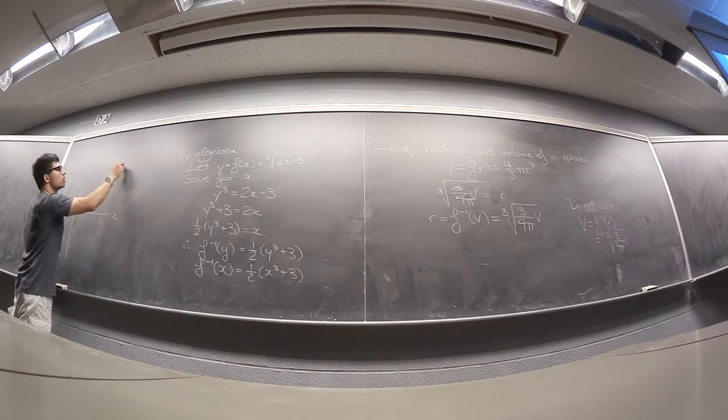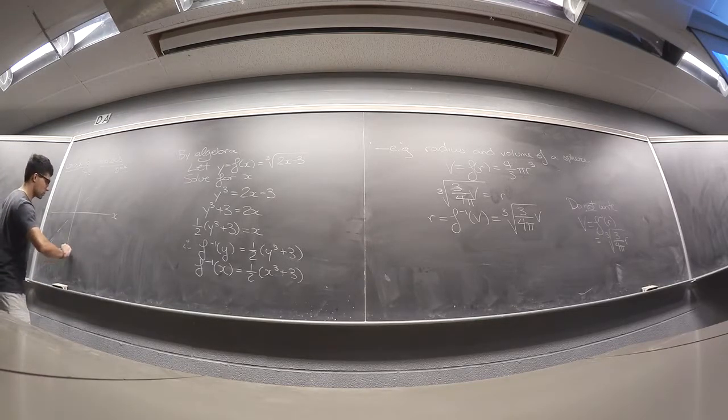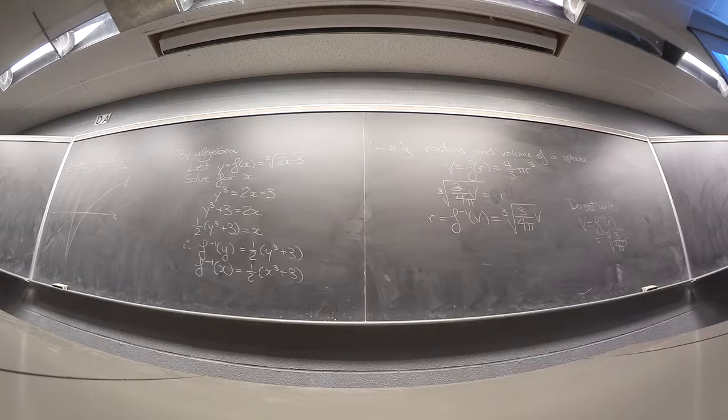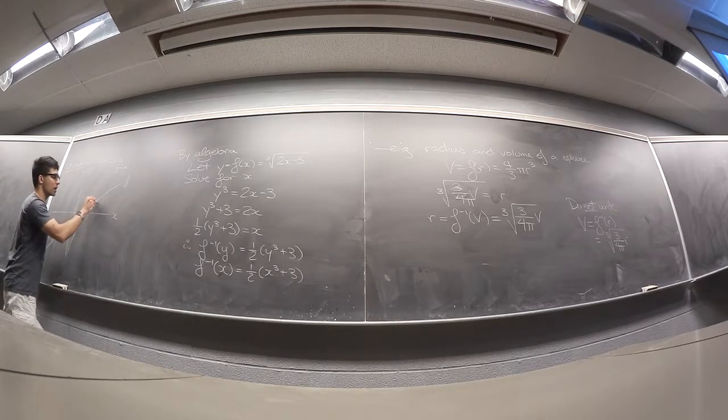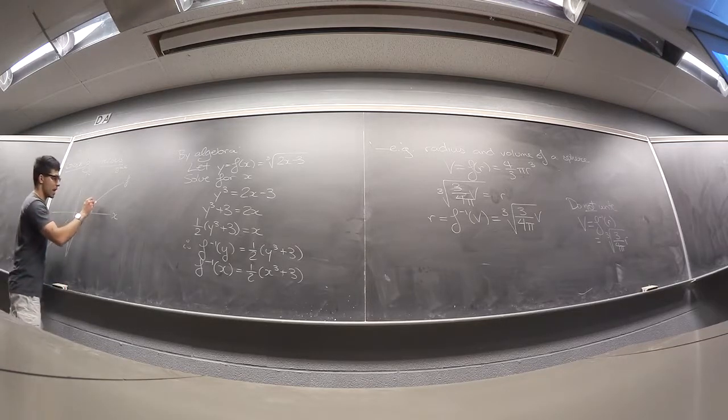That's the line y equals x, and here's our function. Suppose you have a graph of a function f and you want to graph its inverse, presuming it has an inverse. Let's look at a point on here. Let's say that's the point (a, b).